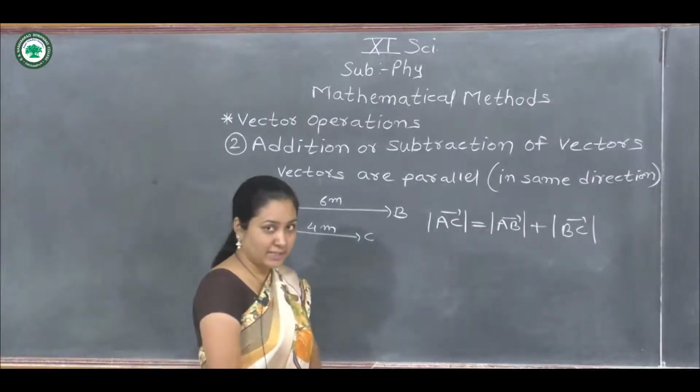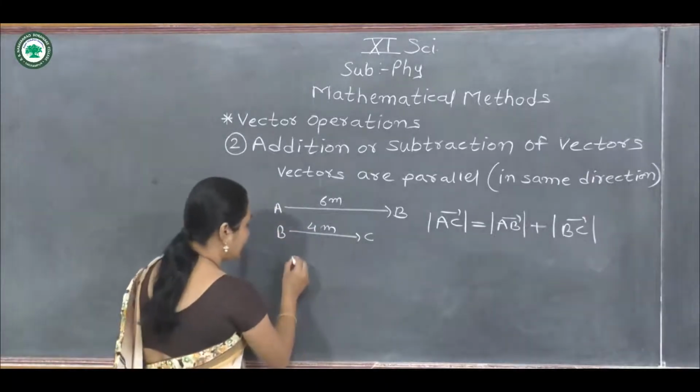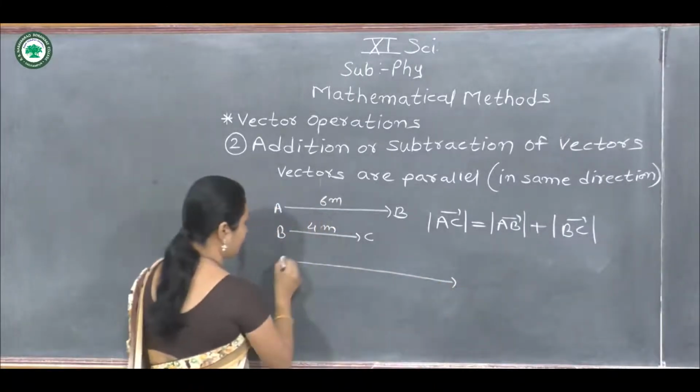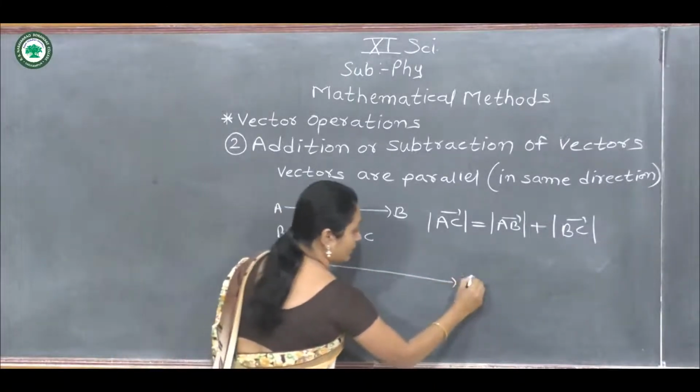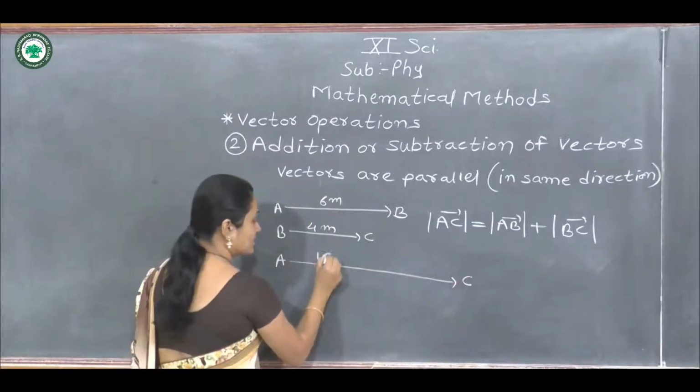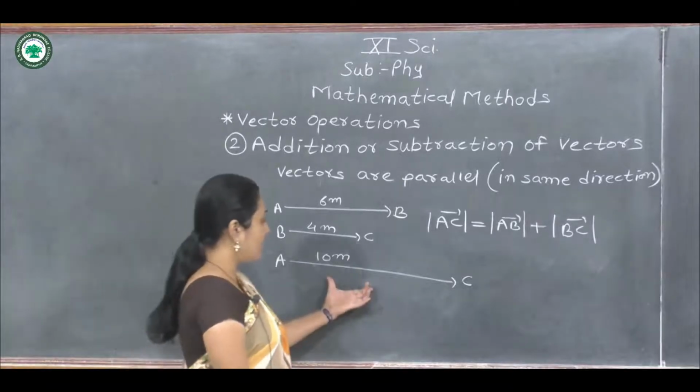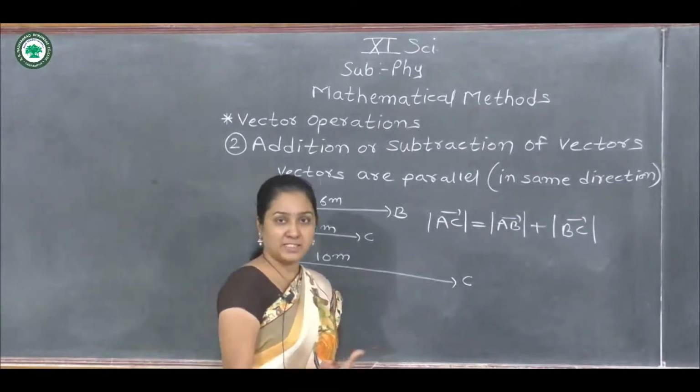If we consider here, then our resultant will be AC, which is 10 meter. So this is the resultant after addition.